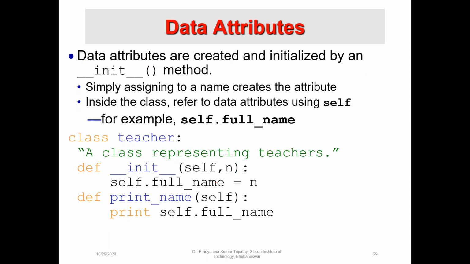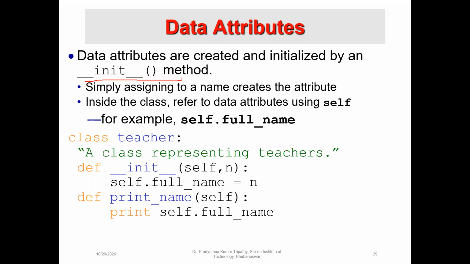Okay. So I told you there are two different types of attributes: data attributes and class attributes. Let us go for an example of data attributes. Data attributes are created and initialized by the __init__ method. I have already told you, if I am using some data attributes, they have to be in the __init__ method. So all data members have to be defined inside the __init__.